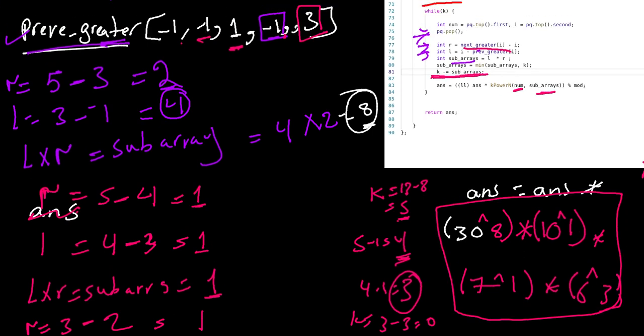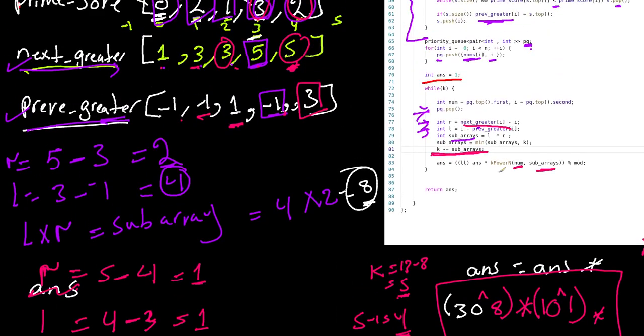Now the last question is how we calculate the power of a number. So 30 to the power 8. Let's say we have 10 to the power 4. How can we calculate this?